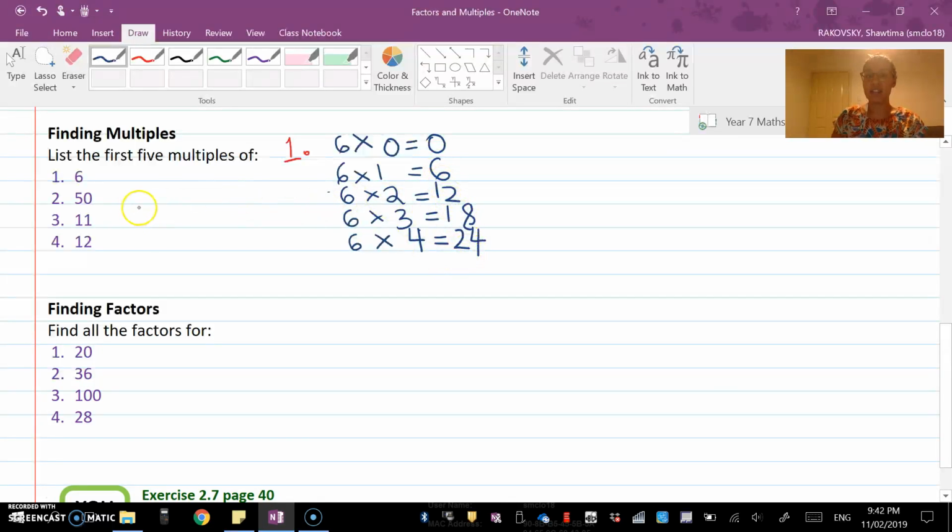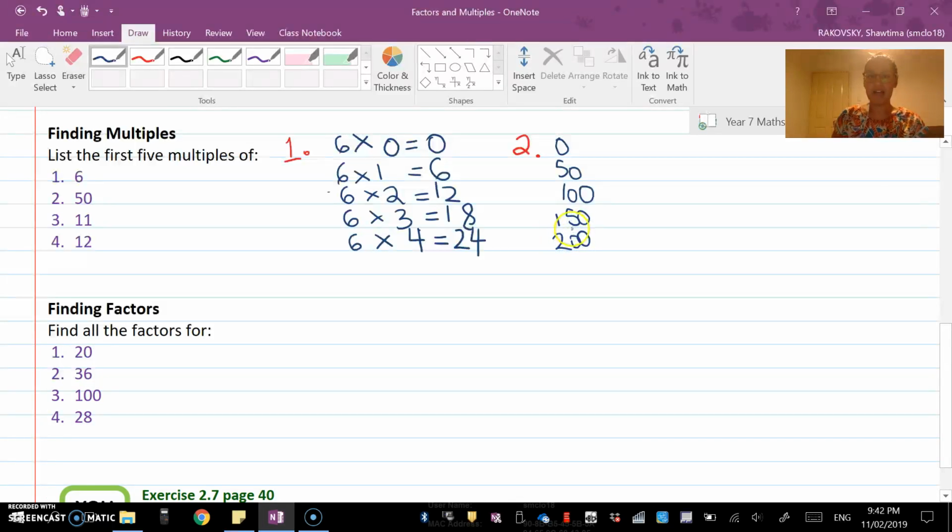Now with the next one, I don't even mind if you are very comfortable with your multiples or your timetable facts, that you could just do the numbers as they are. So with the 50, with that one there, you could start with, say, 0, 50, and 100, because that's times 2, 150, and 200.